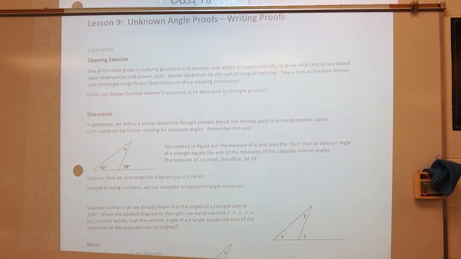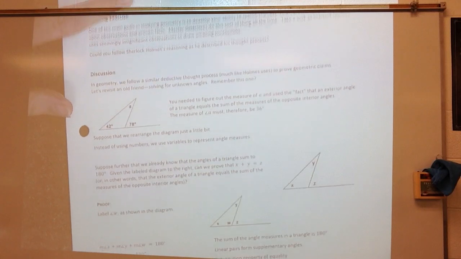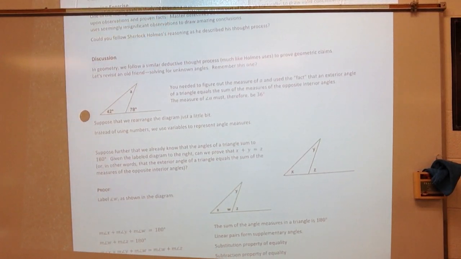Suppose that we rearrange the diagram just a little bit. Instead of using numbers, we will use variables to represent angle measures. Suppose further that we already know that the angles of a triangle sum to 180 degrees.